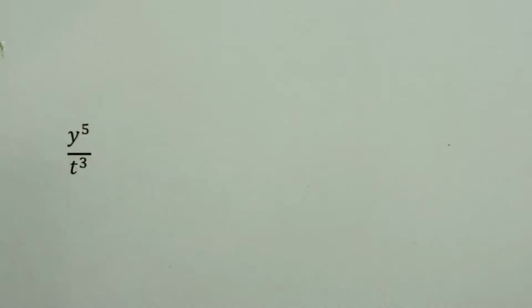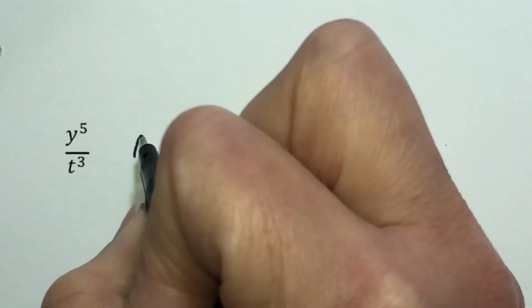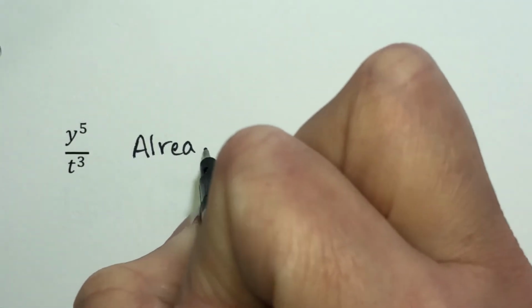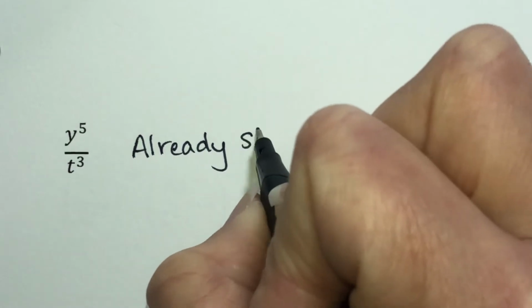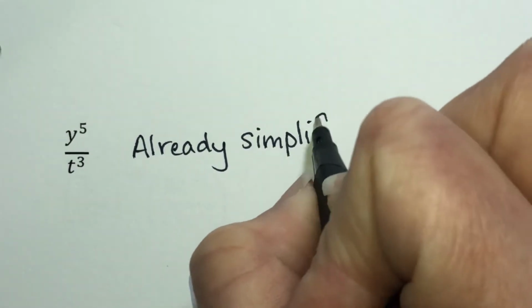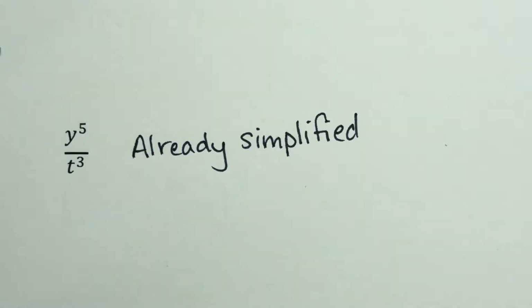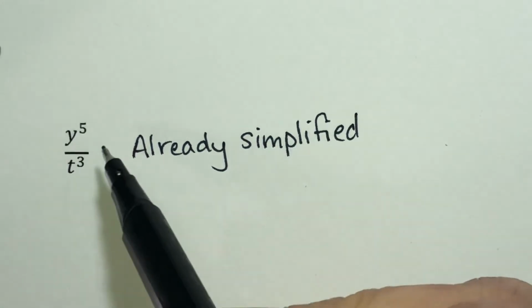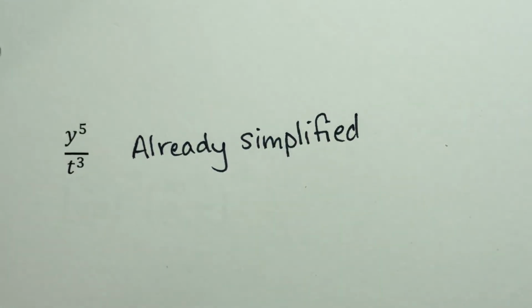Actually, none of these apply. This one's already simplified. If you think about what it means to be simplified, no parentheses involved here, we do not have repeated bases, and we do not have negative exponents. So that one's already perfectly okay.